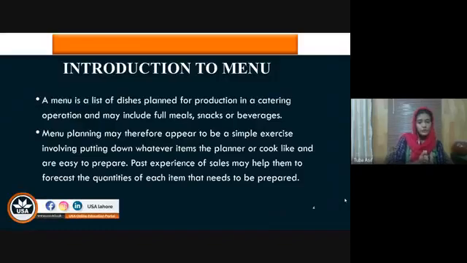So the dishes written on the menu should be the ones that would be attractive to the audience, that are easy to cook. The establishment knows very well about the raw materials of those dishes, and the personnel are skillful enough to prepare those dishes.